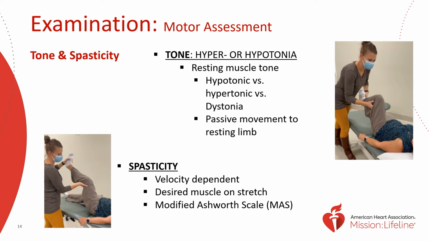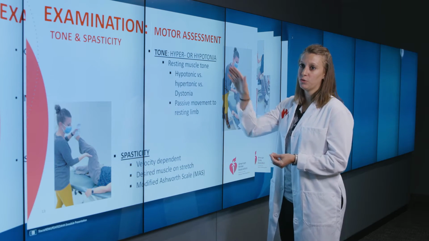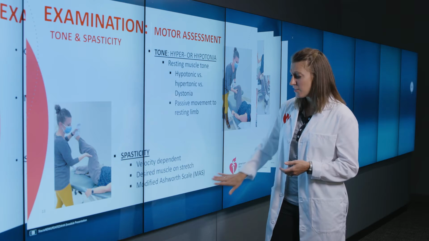So if you quickly move one single muscle through a range of motion and see if you get an increase in resistance. That spasticity or increase or decrease in tone can really affect how someone is moving, and understanding if their movement limitations are related to one of these two things rather than a weakness pattern can be useful as you're trying to figure out how to help someone move. The modified Ashworth scale is the gold standard for assessing spasticity.